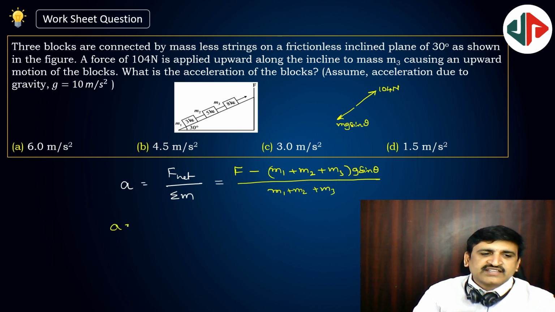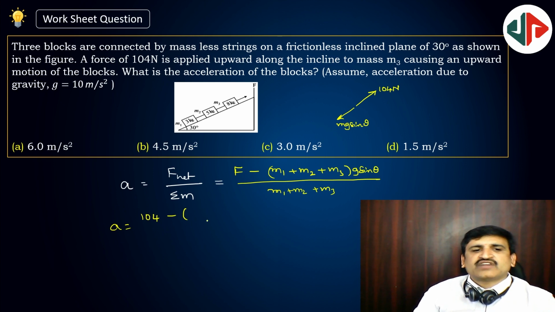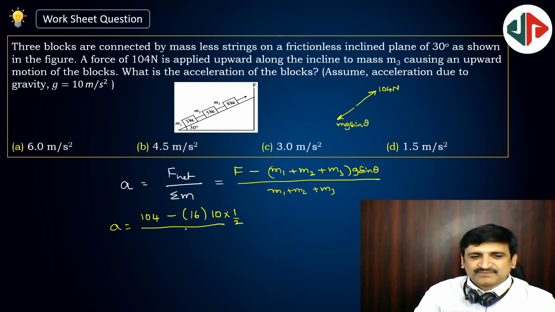A is equal to 104 minus (3 plus 5 plus 8, which is 16) times g value 10 into sin 30, which is 1 by 2.